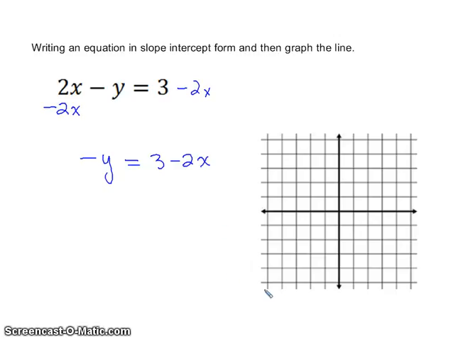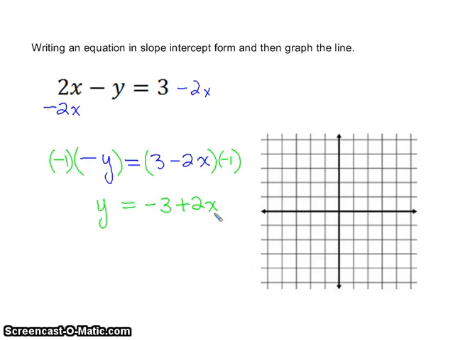So in order to change this to positive, we need to multiply both sides of our equation by -1. Don't forget to put parentheses around everything. So we have y is equal to -3 plus 2x. And because of the commutative property of addition, I can say 2x plus a -3, which is 2x minus 3.